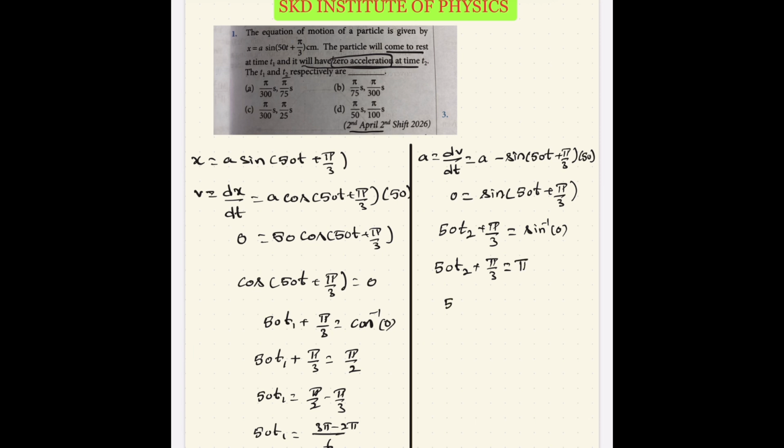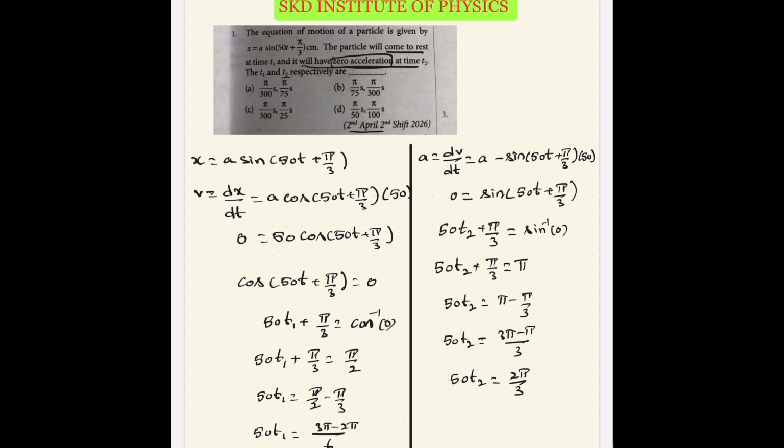So 50 t2 is equal to pi minus pi by 3. See here, 50 t2 is equal to 3 pi minus pi by 3, that is 50 t2 is equal to 2 pi by 3.